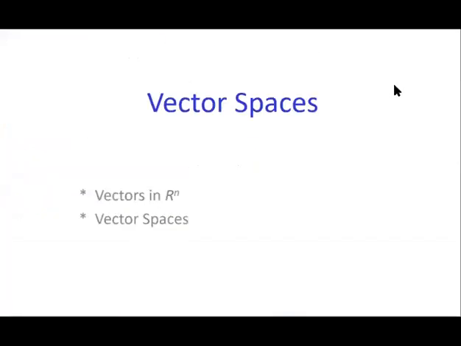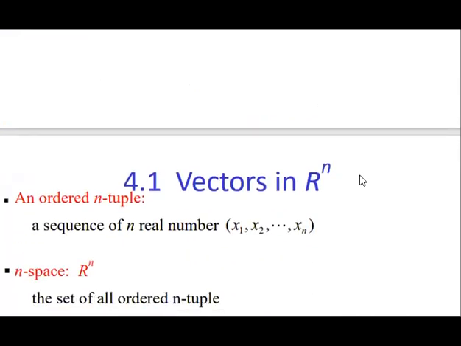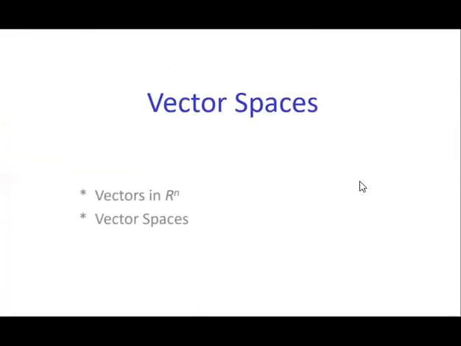All right. Let's jump right into vector spaces. So what is a vector space? Let's talk about vectors in Rn. I think this is kind of familiar to you. You have learned the real number set.